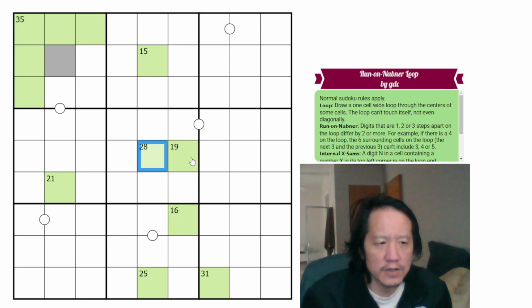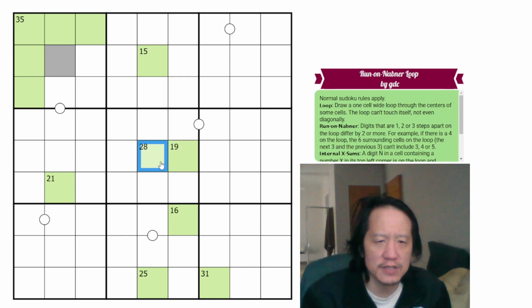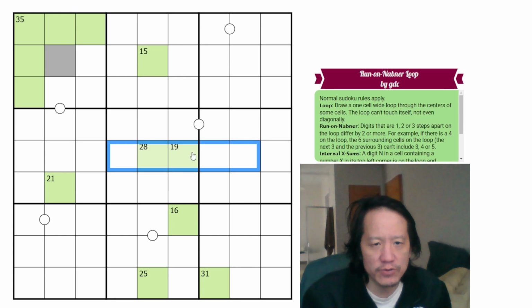One thing is, it cannot go this way along these two cells, right? If the loop went this way, the problem is this cannot basically be the center of a cell. It cannot be the center of a sequence, shall we say.